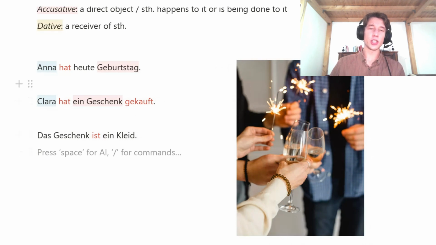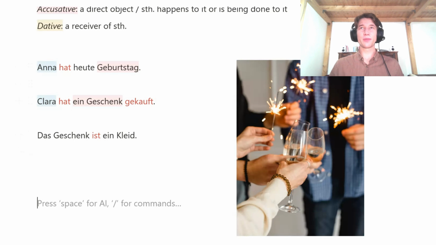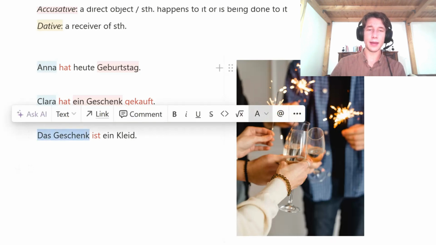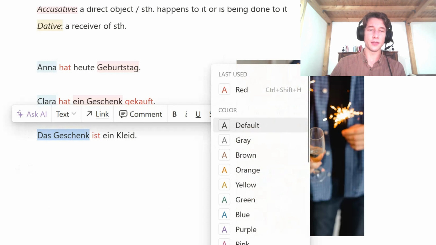And again, just like with haben, we have a very subtle action here, like to be something is an action that's not even visible, different from, let's say, running or eating. It's just being.